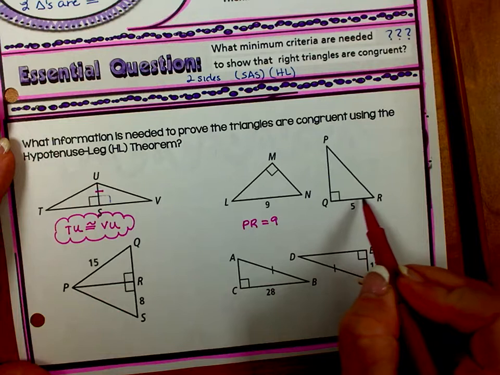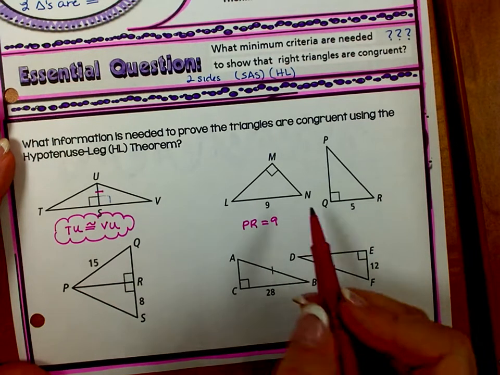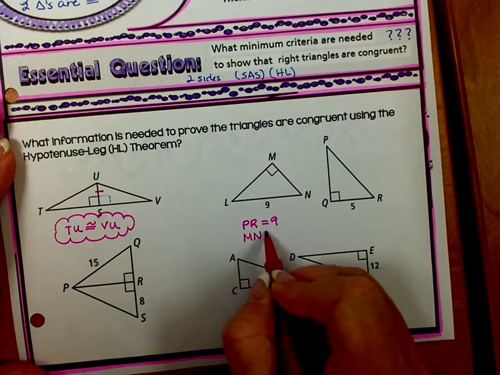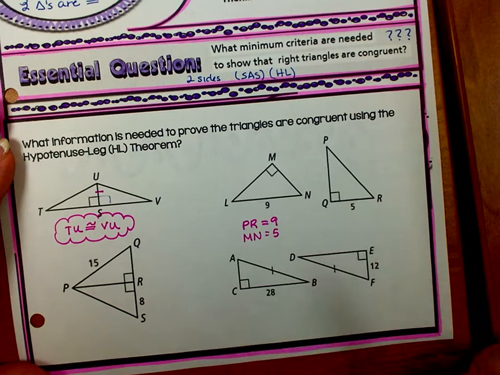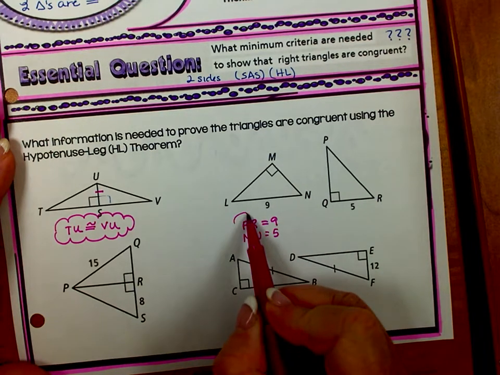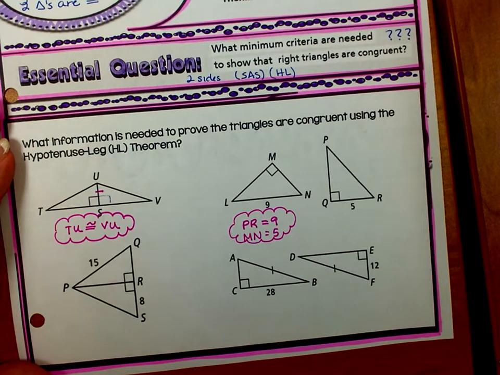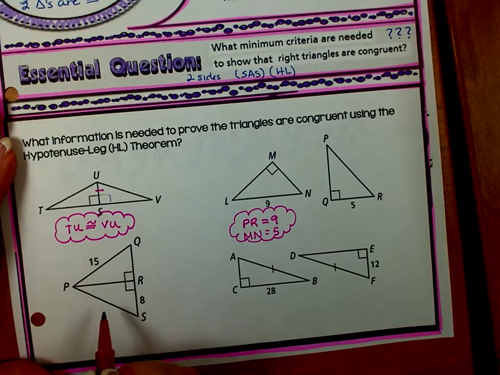And one of the legs in the second one, QR, is equal to 5. So if I know that MN is equal to 5, then I know that we have two legs that are the same and the hypotenuses are the same. So if I know that PR equals 9 and MN equals 5, then I know that my two triangles are congruent.